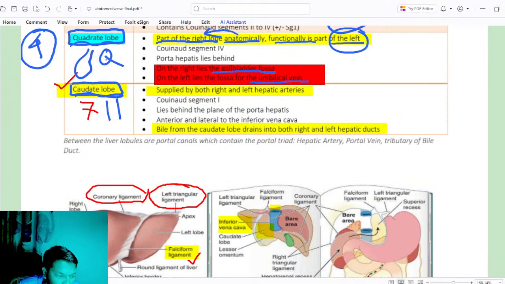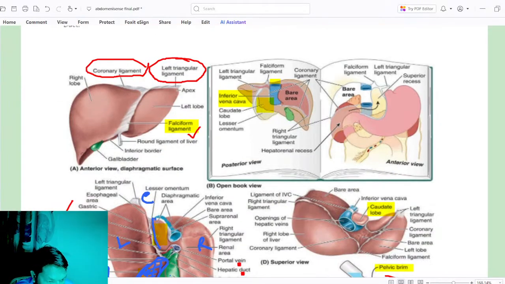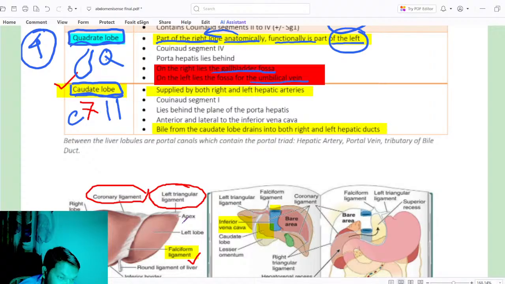So one problem solved. Now the caudate lobe. Caudate, C alphabetically first, so it will remain up. This is the caudate lobe, up, and quadrate here.